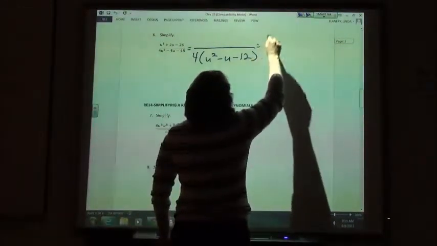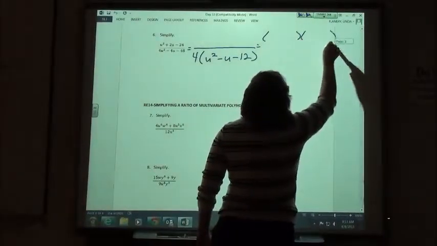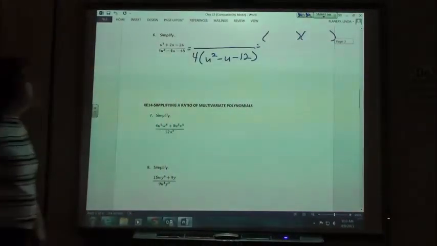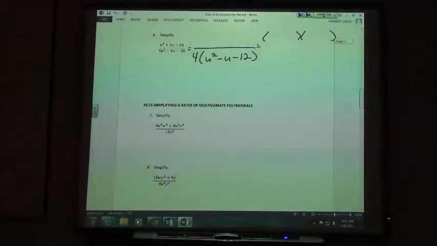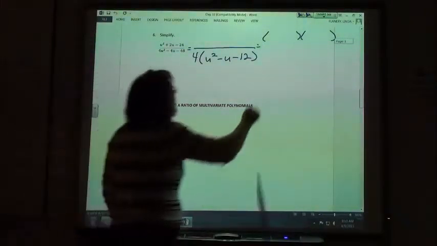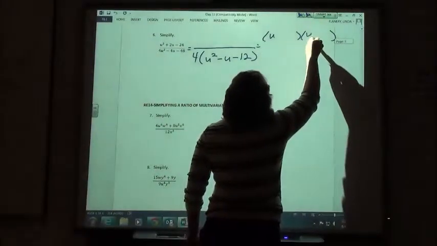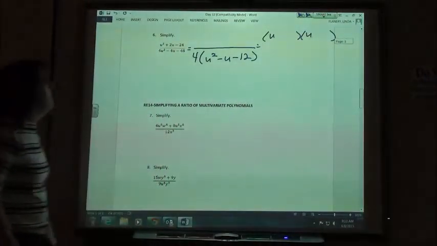We can then jump over to the next step. On the top, I have a quadratic expression, so I have my 2 sets of parentheses. Factors of U squared, U and U. My signs on this one.